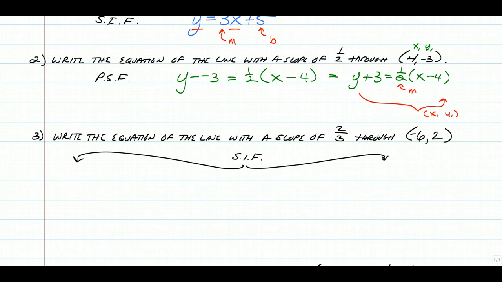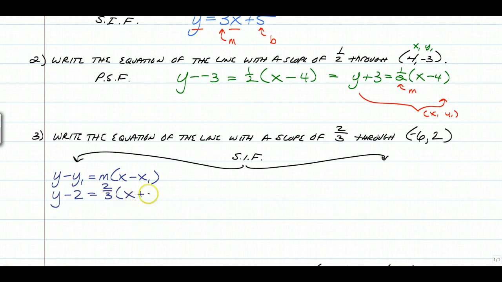So the first step is you would write this equation in point-slope form. So that would be y minus y1 is equal to m times x minus x1. We have y1 and x1 and we have m. So we're going to substitute in our values first. So y minus 2 is equal to our slope, 2/3, times x minus a -6, which would turn into plus 6.